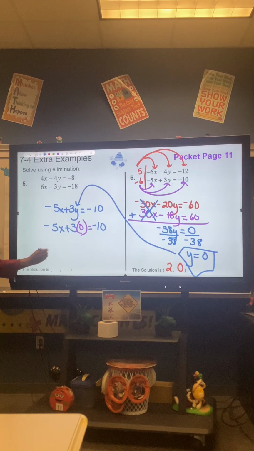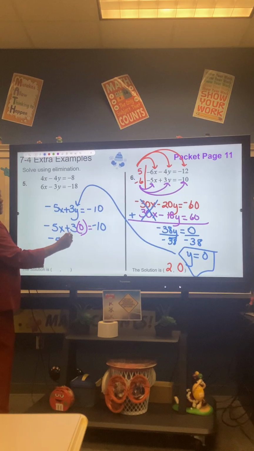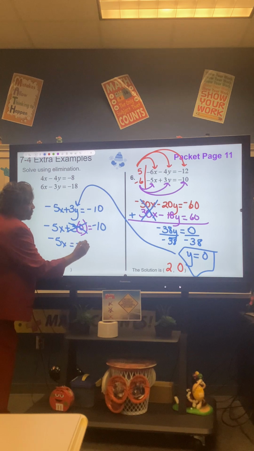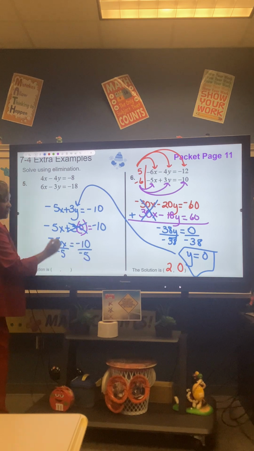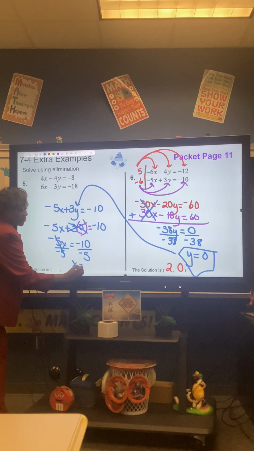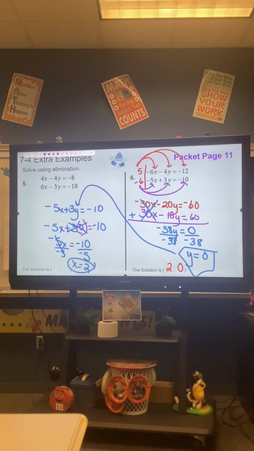So now I get negative 5x. Anytime I multiply a number by 0, it is 0. So negative 5x is equal to a negative 10. Divide both sides by negative 5 to isolate my variable x. My quotient should be a positive 2. Ms. Mitchell's answer is correct today. Now on Friday it could have been wrong, but today I'm cooking with grease.